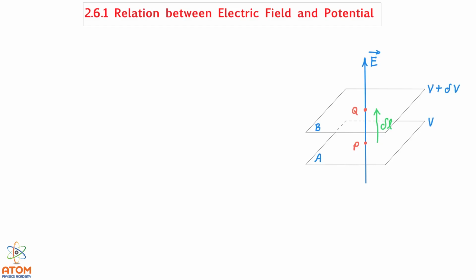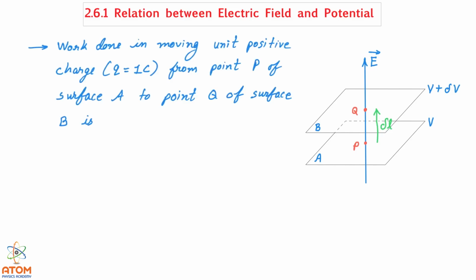So the work done will be written this way. I can write the work done in moving a unit positive charge from point P of surface A to point Q of surface B is del W is equal to force F into displacement dl.